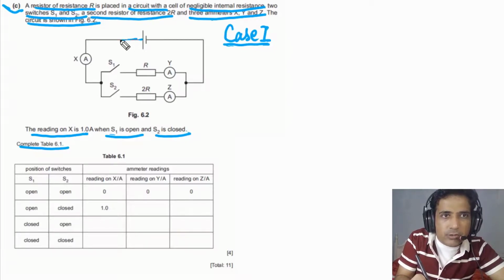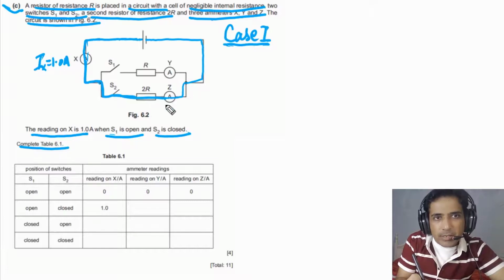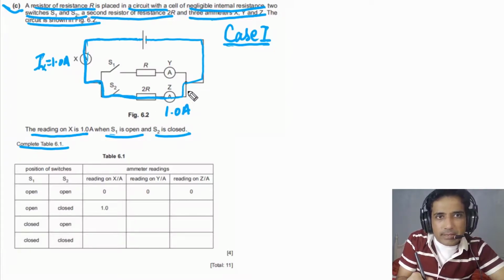So let's sketch our circuit. S2 is closed, so this is what you will see. This one is our circuit. We can also draw this solid line. If the current passing through X is 1.0 amps, then the current passing through ammeter Z also has to be equal to 1.0 amps because they are connected in series.